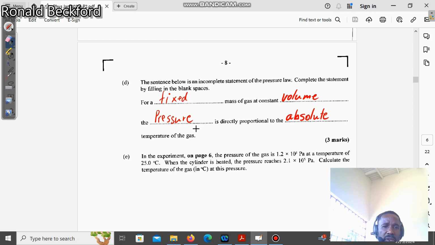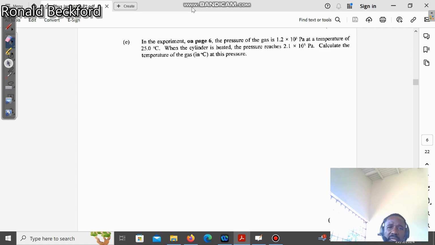Now, the experiment on page 6. The pressure of the gas is 1.2 times 10 to the 5 pascals at a temperature of 25 degrees Celsius. When the cylinder is heated, the pressure reaches 2.1 times 10 to the 5 pascals. Calculate the temperature of the gas in degrees Celsius at this pressure. One of the first things we need to do is recognize that whenever we're dealing with the gas laws, we use the absolute temperature, which is the Kelvin scale.